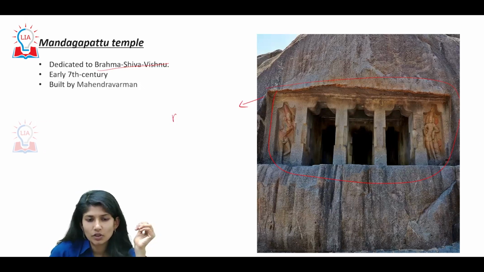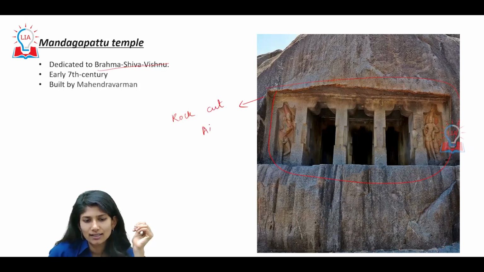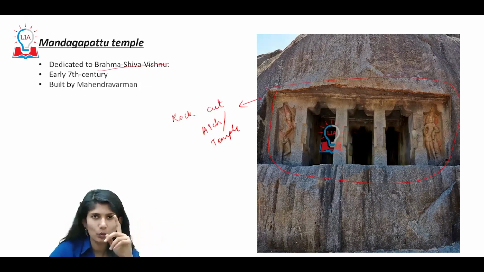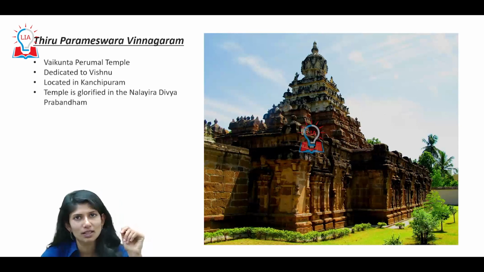This is nothing but rock cut architecture or a rock cut temple. From here we see a transition to freestanding temples on their own. That is one interesting and unique feature about the Pallavas.